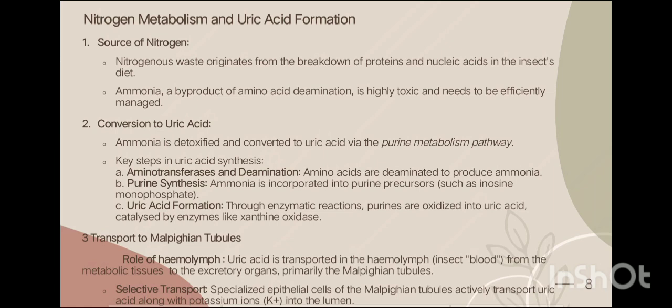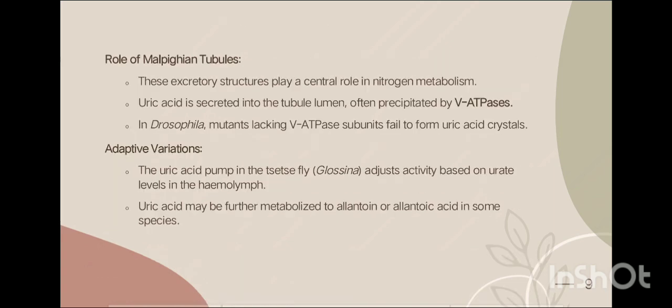The specialized epithelial cells of the Malpighian tubules actively transport the uric acid along with potassium ions into the lumen. So when we are talking about the role of the Malpighian tubules, they are the excretory structures which have a central role in the nitrogen metabolism, and uric acid is secreted into the tubule lumen, often precipitated by V-ATPases.